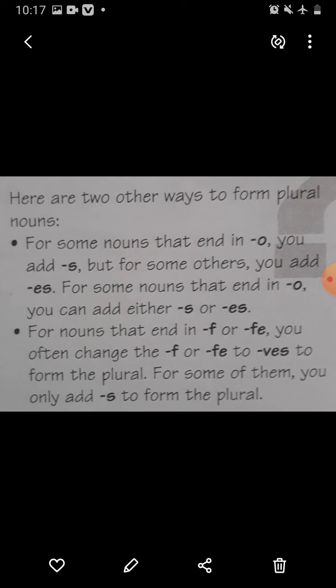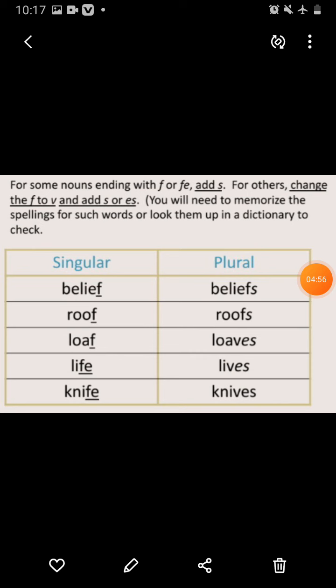Clear? Or for some of them you only add S. For example, for some nouns ending with F or FE, add S. For others, change the F to V and add S or ES. You will need to memorize the spellings for such words or look them up in a dictionary to check.